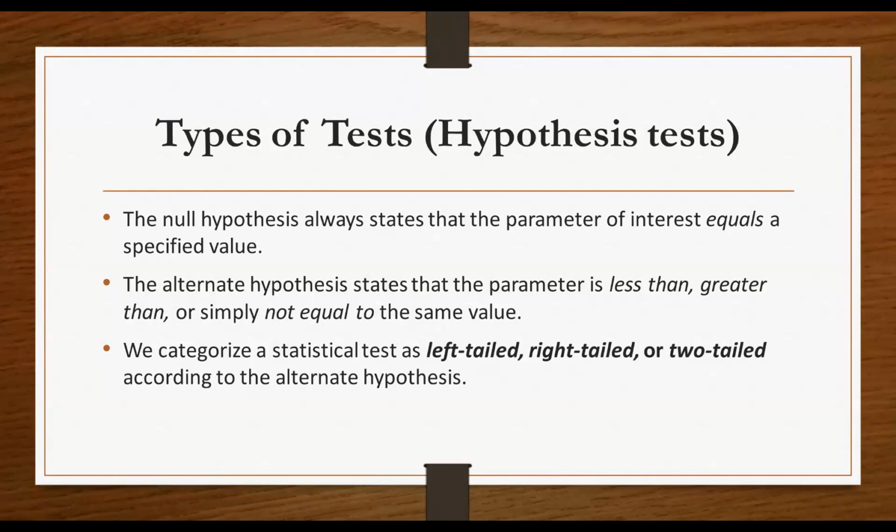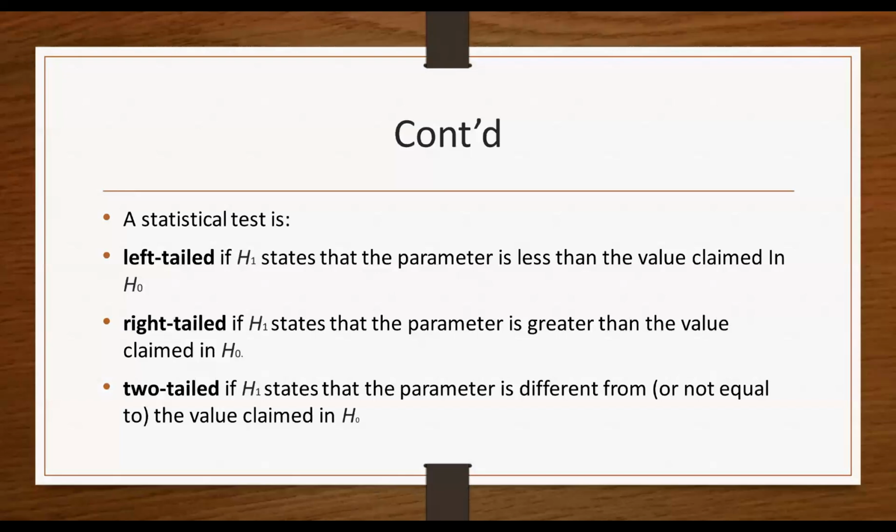So we will categorize the statistical test as left-tailed, that's less than. Right-tailed, that is greater than. And two-tailed, meaning double-tailed, if the alternative hypothesis is not equal.